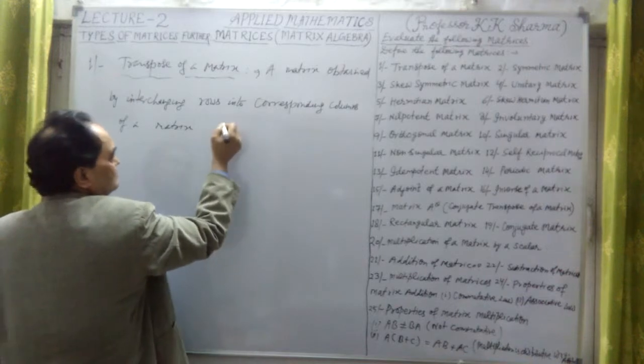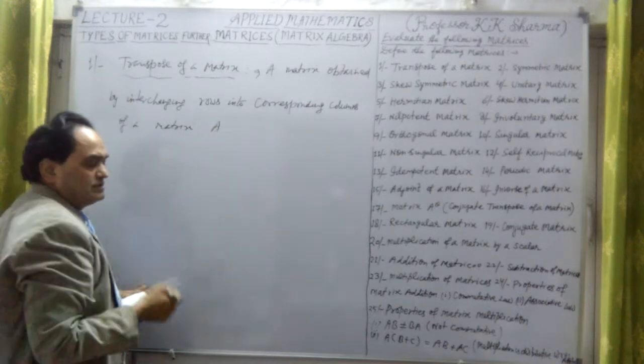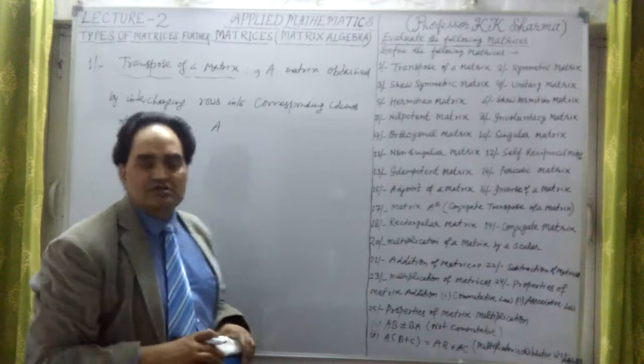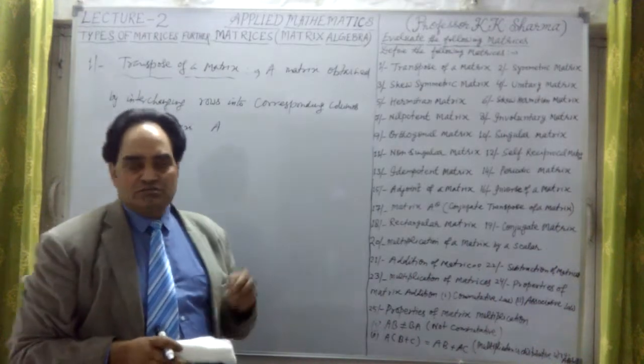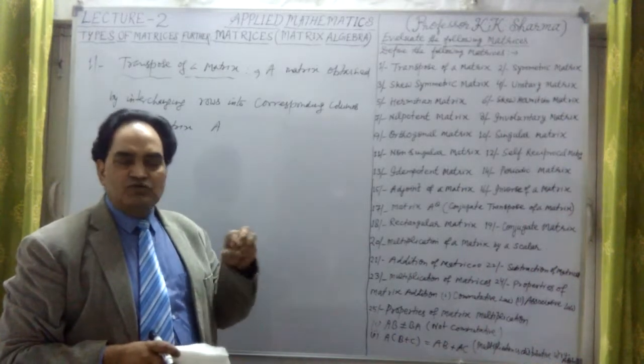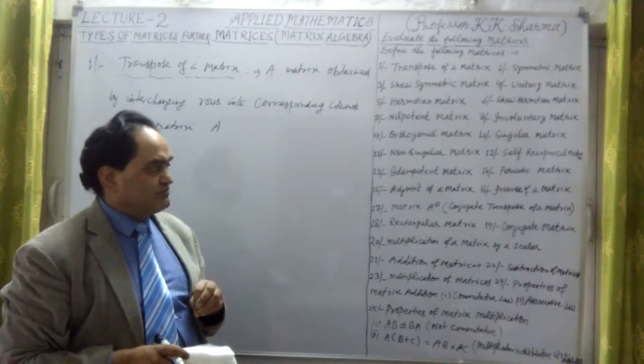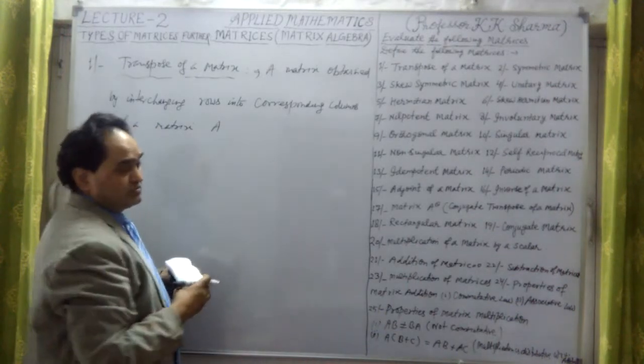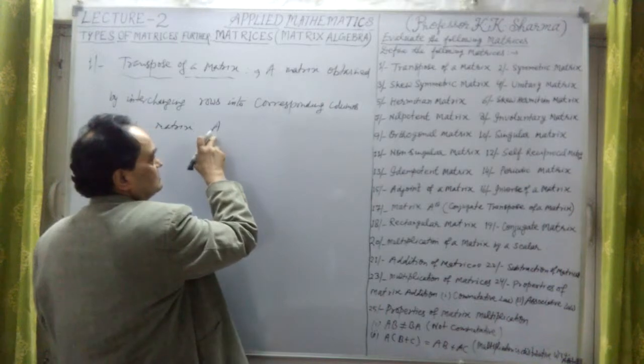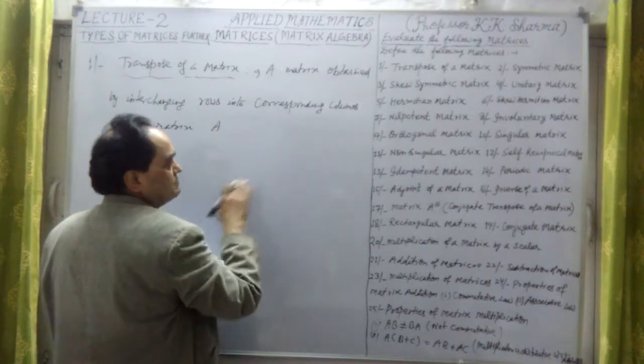Let me take that matrix A. Matrix A, B, C, whatever. Capital letters are used to represent a matrix, but the elements of it are represented by small letters of the English alphabet.